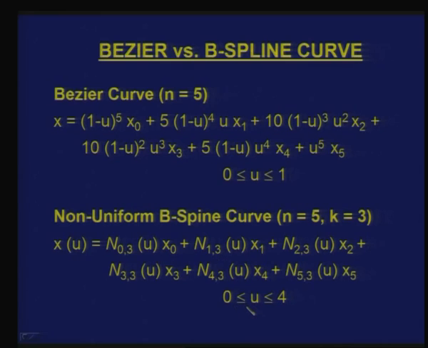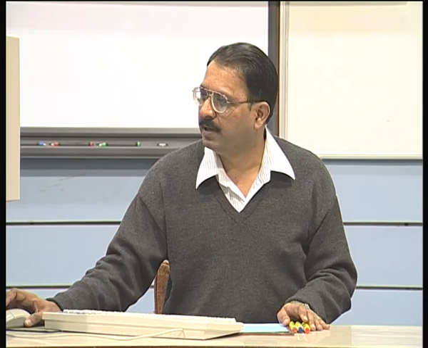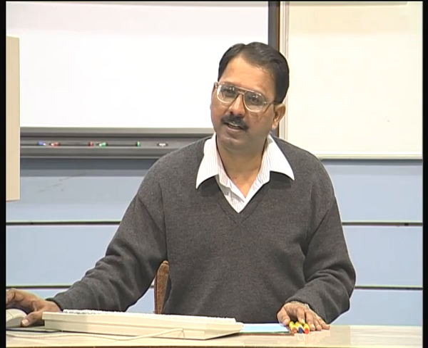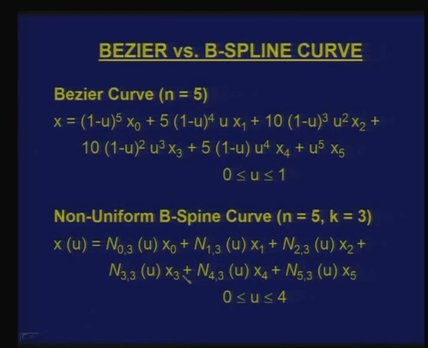And u also we know ranges up to n minus k plus 2; n here is 5, k is 3. So the curve will consist of 4 segments: 0 to 1, 1 to 2, 2 to 3 and 3 to 4. Now, what happens when I give a definition like this? For example, if I take u is equal to 0 to 1, there is one portion of the curve.